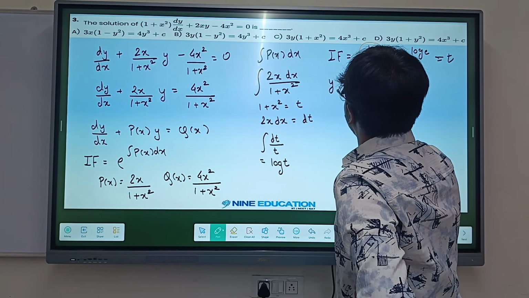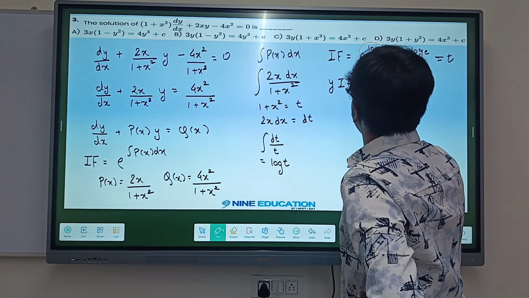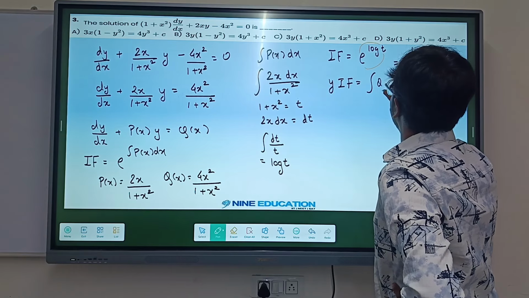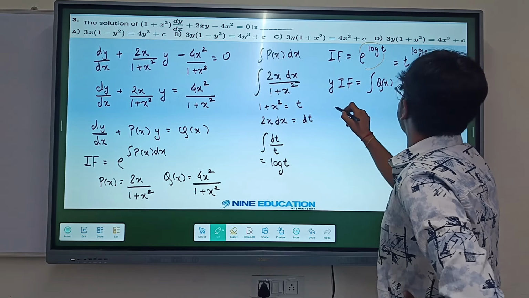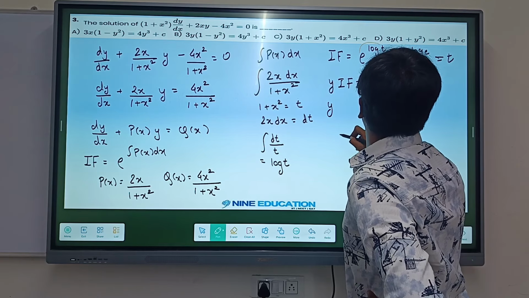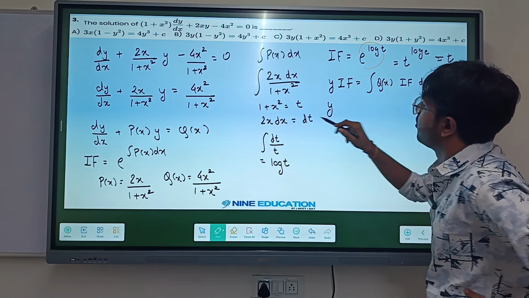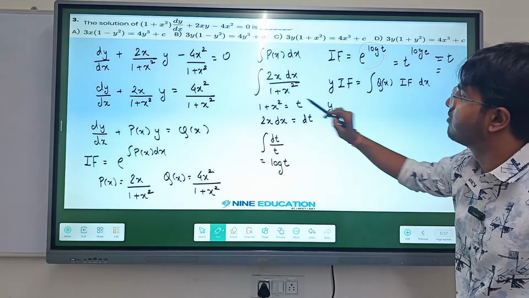What to do with the integrating factor? We have this formula: y into integrating factor equal to integration of q of x into integrating factor dx. So y into integrating factor, which was t. What did we take as t? 1 plus x square.